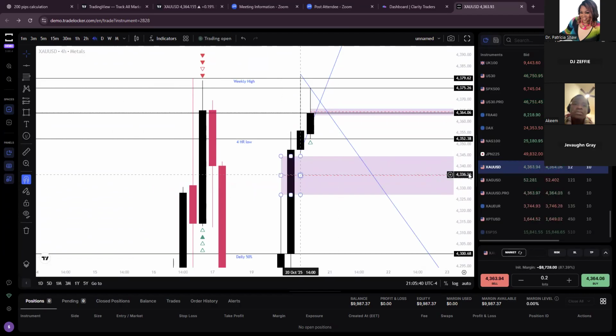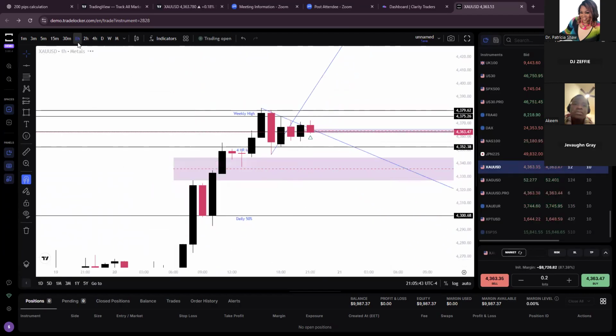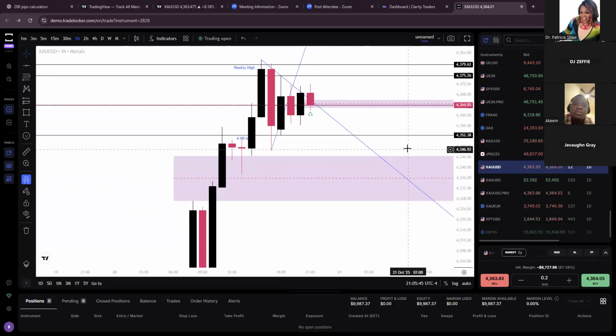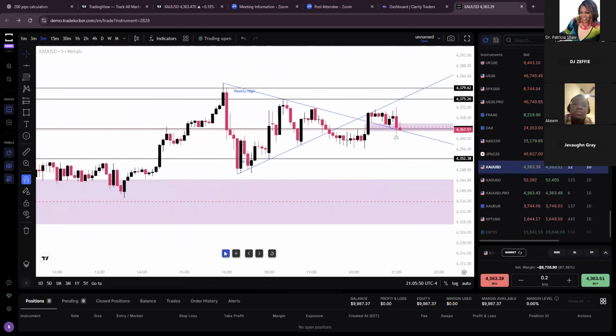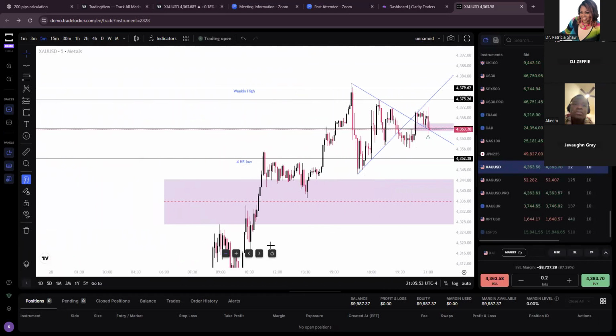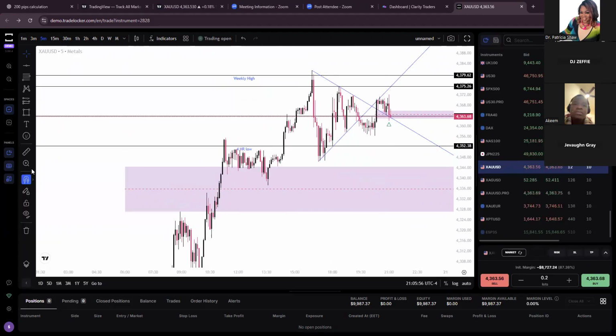Then we have this fair value gap here that it is probably going to come back to. It's at 50% of the 4 hour candle.